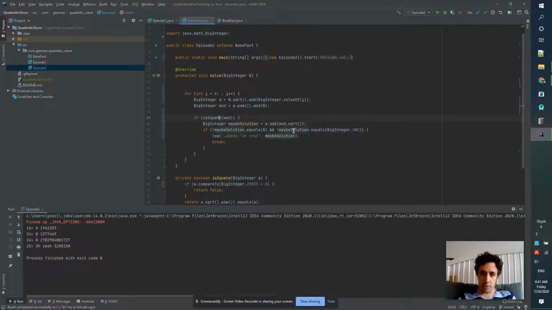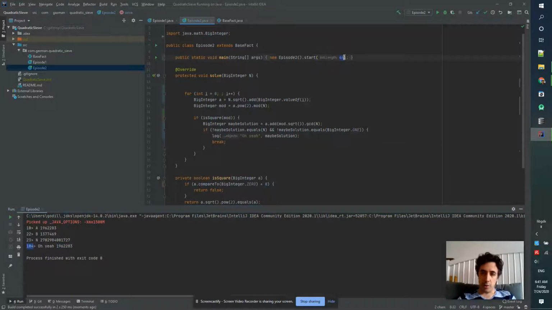So it's a square, and we're saying that A may be a solution, using GCD. Also, it's nice that we have GCD as part of the Java native API. Let's try it now. Yeah, that was very fast.